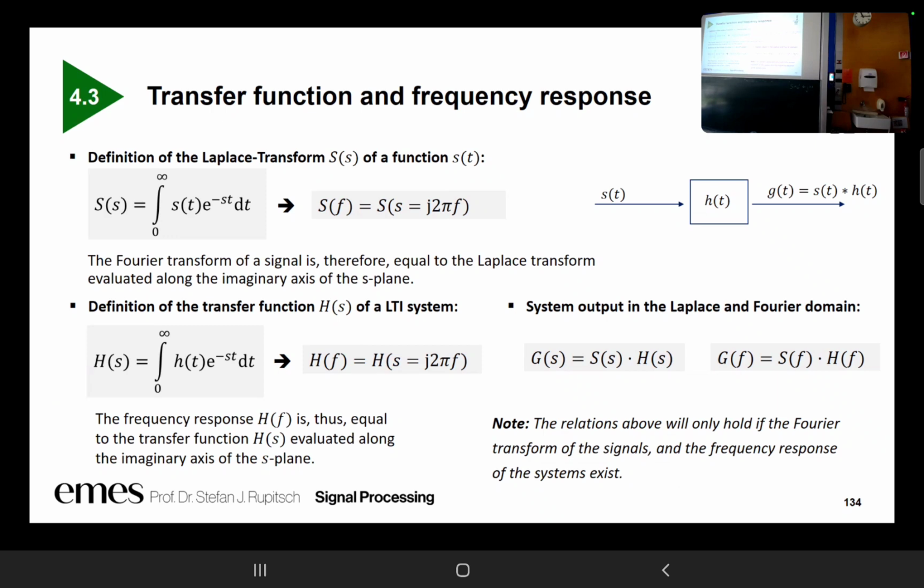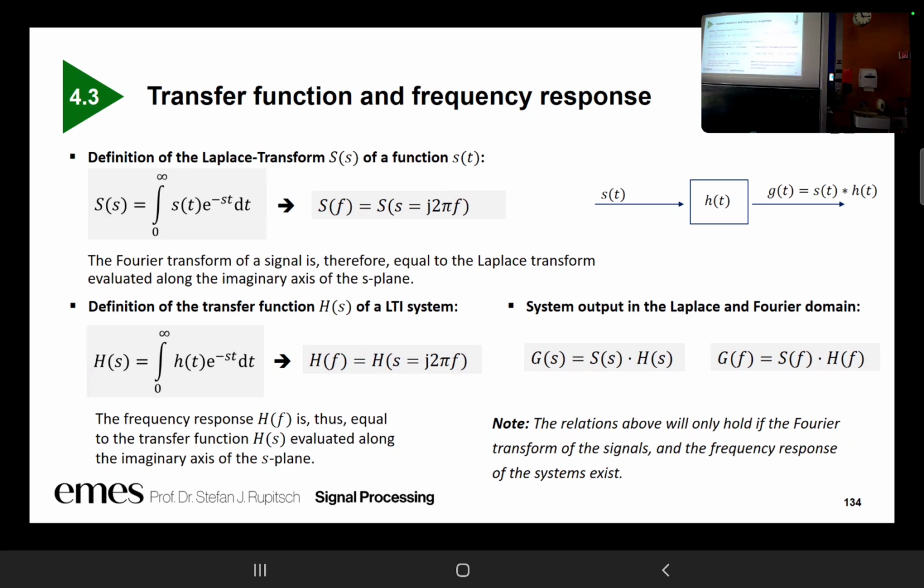We have here the Laplace transform of our impulse response. And in case of the Laplace transform, we call this often the result. We do not call it frequency response. Sometimes we also call it frequency response, but strictly speaking, we call it transfer function because it's in the Laplace domain. And frequency response is in the frequency domain.